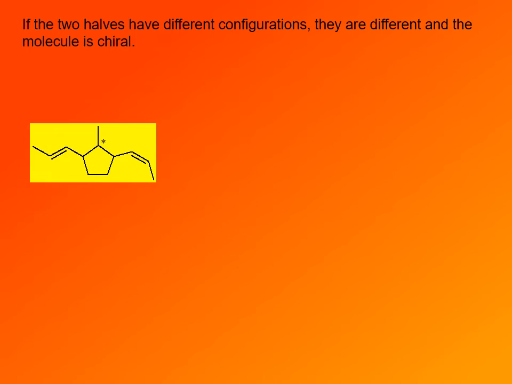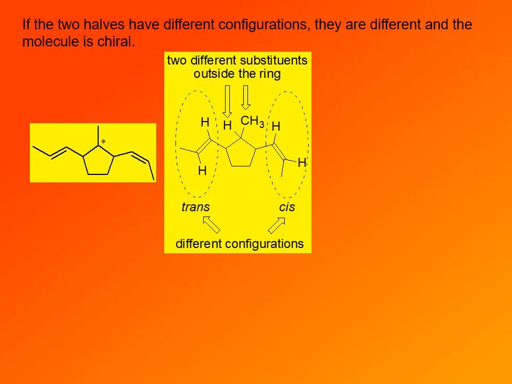So for example here, when you look at the two halves of the ring, they have two substituents. When we divide the five-membered ring, as you'll see in a minute, into two halves starting at the atom here that has already been labeled as a chirality center, you will see that the two substituents have different configurations. There are two substituents outside the ring that are clearly different, a methyl group and hydrogen.